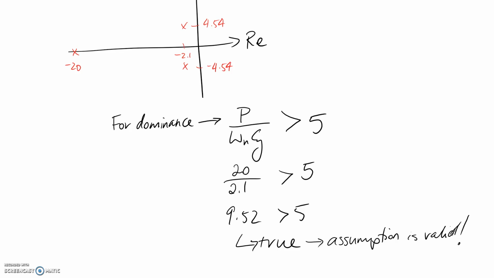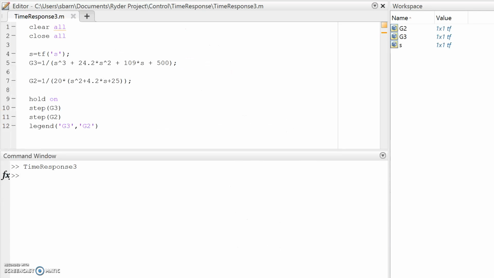Alright, if we want to, we can actually verify it by looking at the MATLAB output. This is code I've just quickly written to have that comparison. This is telling MATLAB I want a transfer function. G3 is the third order version of my transfer function.